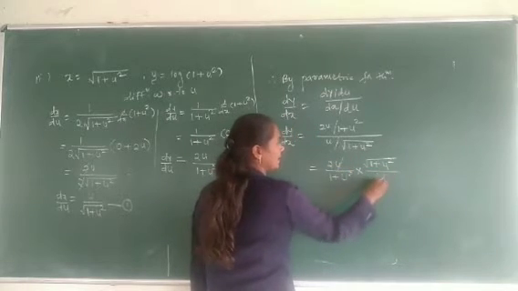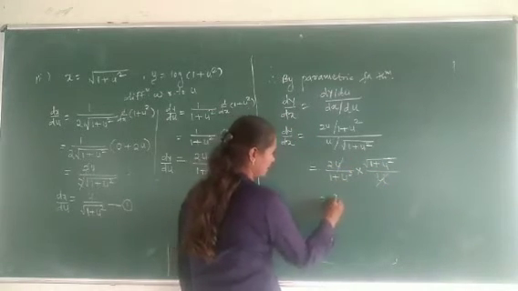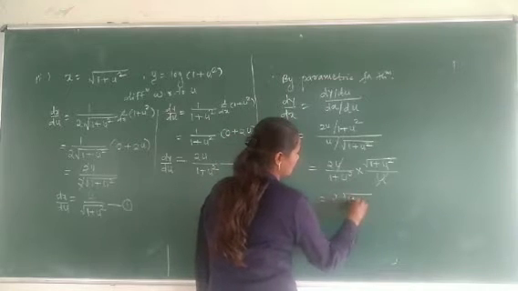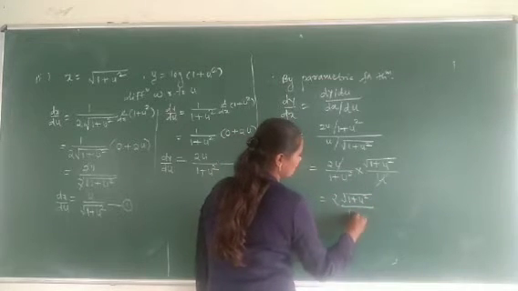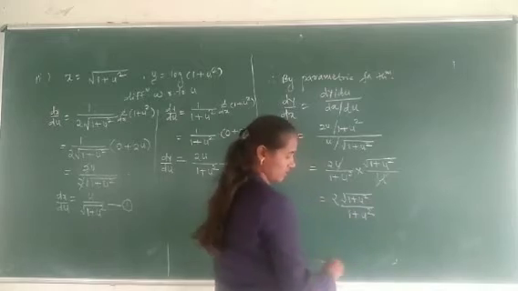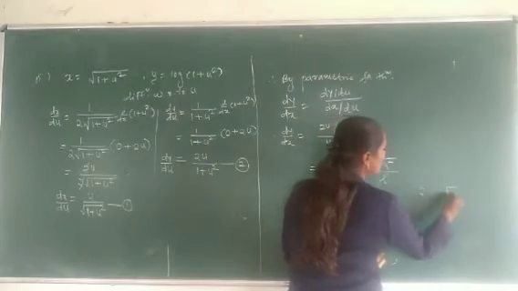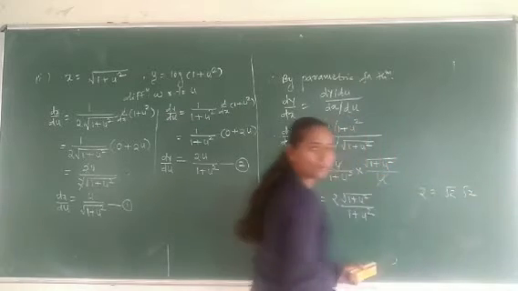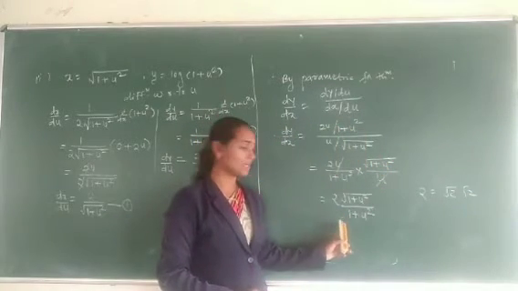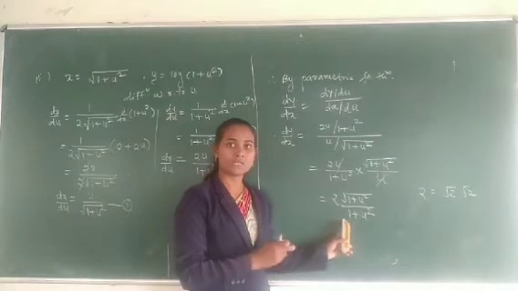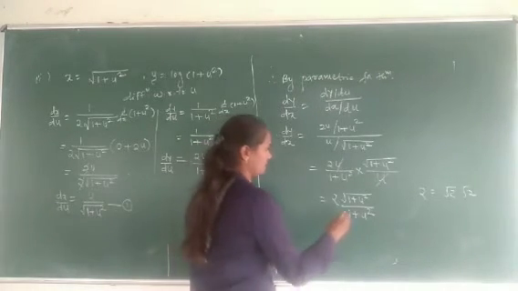So this u will get cancelled and the remaining terms are 2 root 1 plus u square upon 1 plus u square. Now here we write, if we have 2, then this 2 is equal to root 2 into root 2. So instead of this 1 plus u square, we write root 1 plus u square into root 1 plus u square.